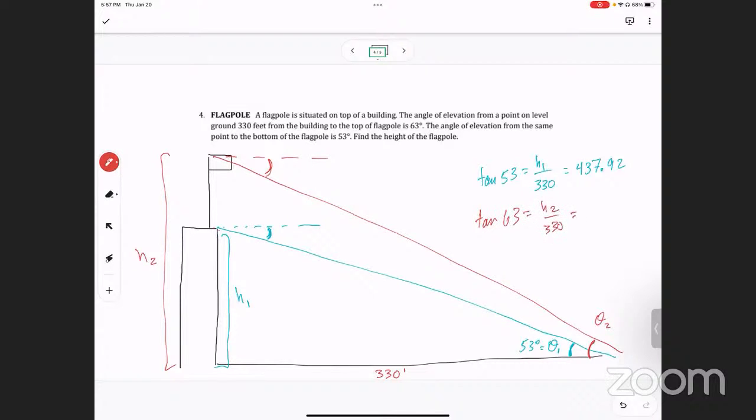And what does that equal to? That equals 647.66. All right. And when you subtract them, what do you get? You get 209.74. Perfect. And again, I'm just going to go ahead and trust you because I think you did it all right.